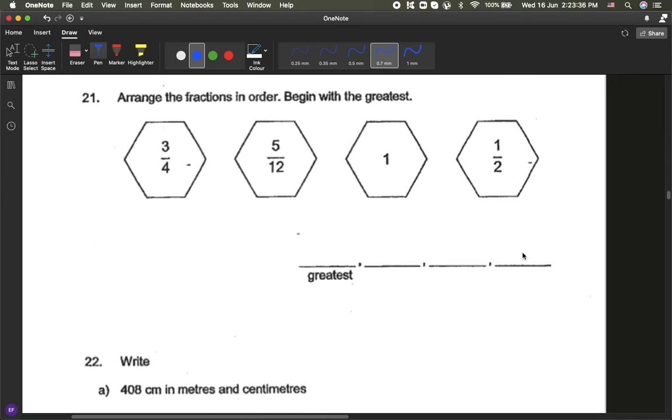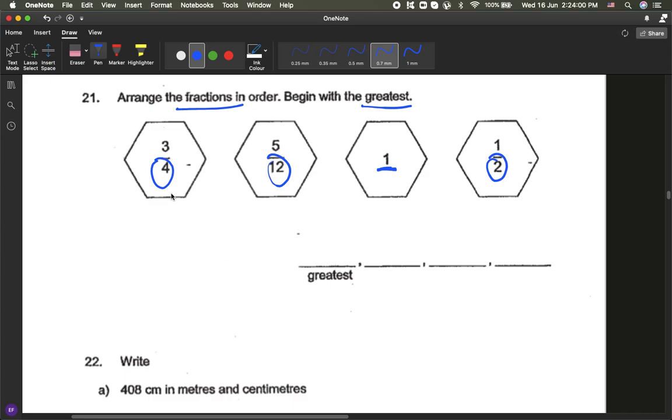Okay, arrange the fractions in order. Begin with the greatest. Now, we have to make sure that these fractions have the same denominators again, so that we can easily compare them. And we even have a whole number here, which is number 1, but we can change it into a fraction later.